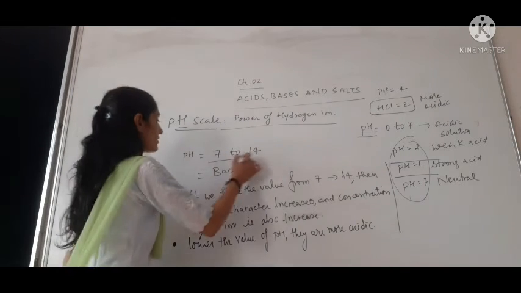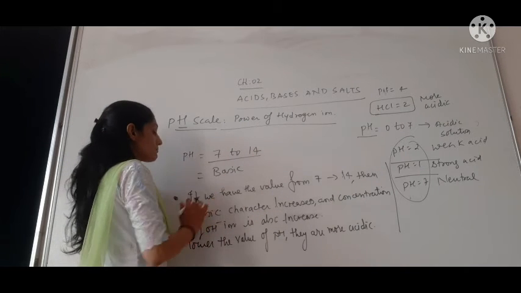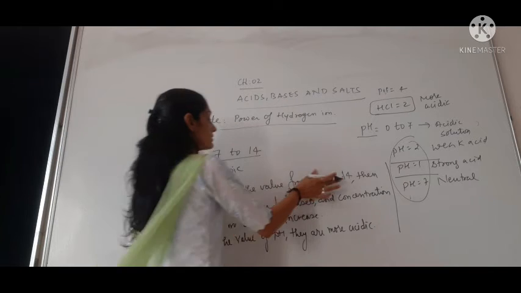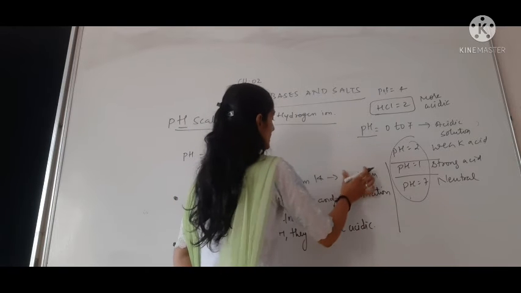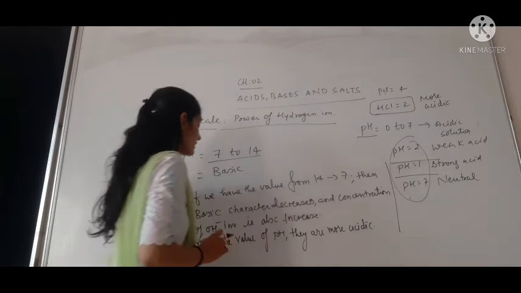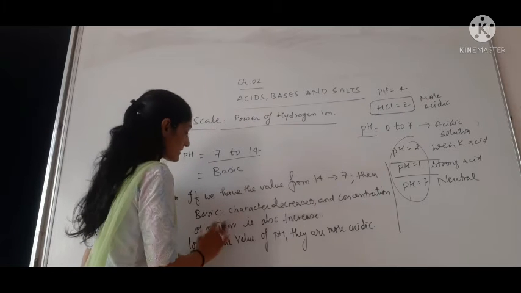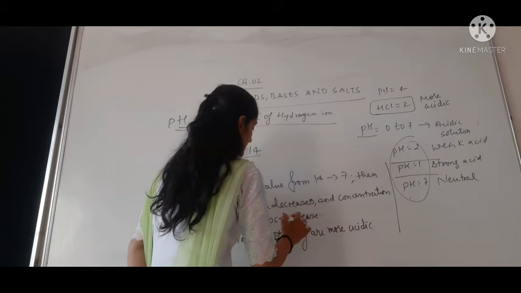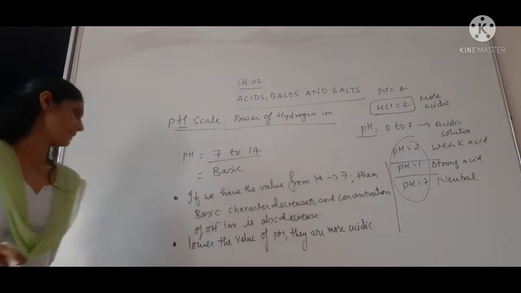Okay, 7 to 14 then basic character will increase. But if we are moving from the value 14 to 7, then we can say that the basic character decreases. In the same manner, here also the concentration of the hydroxide ion decreases.